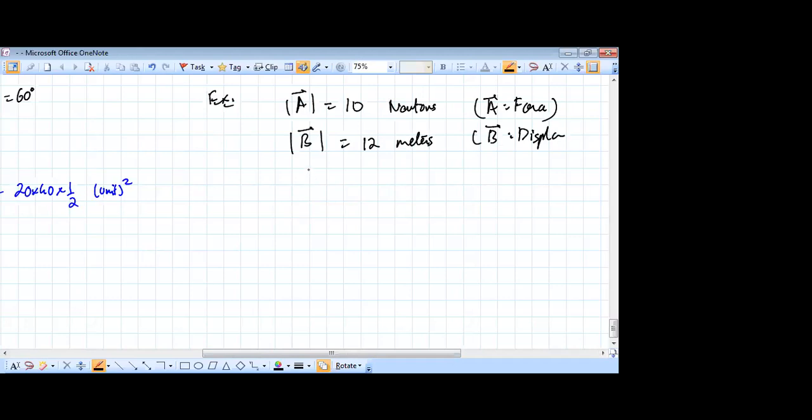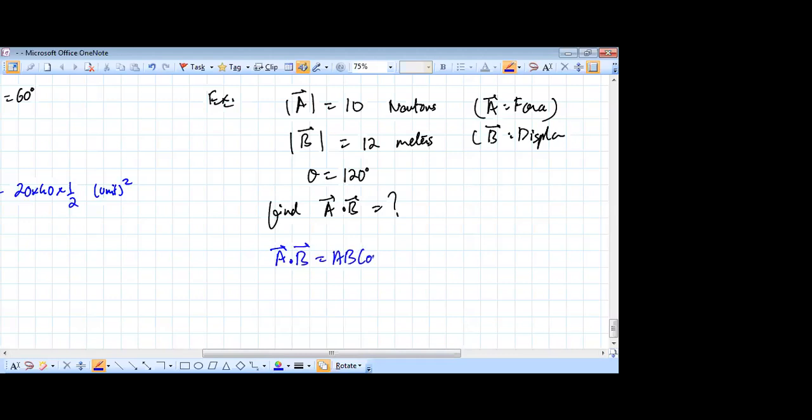But इनके बीच एंगल जो है वो ऑब्ट्यूज एंगल है. Now I ask you that find E dot B. So here you will see E dot B interestingly will become a negative quantity because cos of obtuse angle कैसा होता है, नेगेटिव होता है.